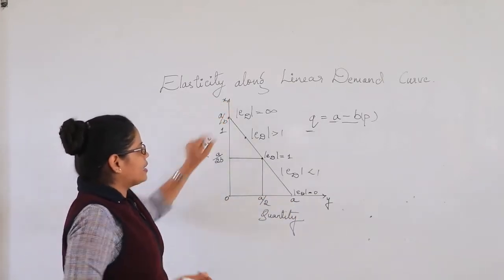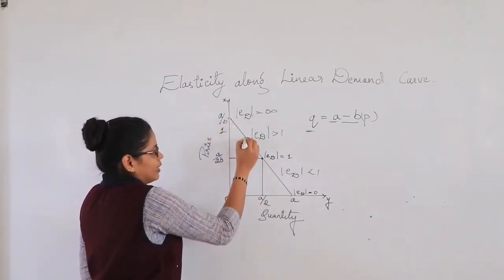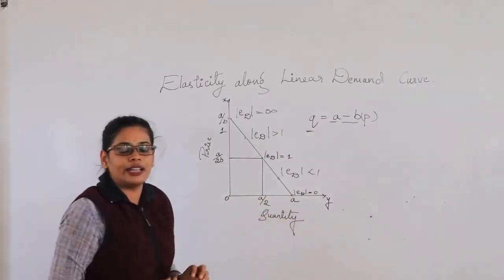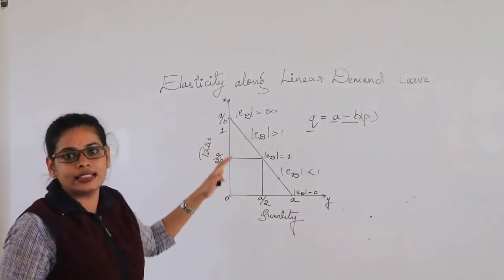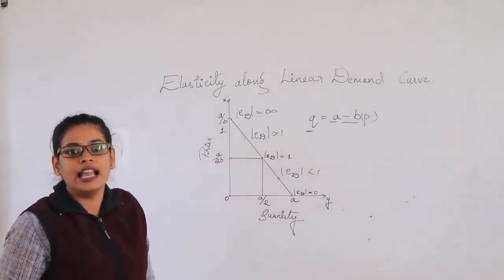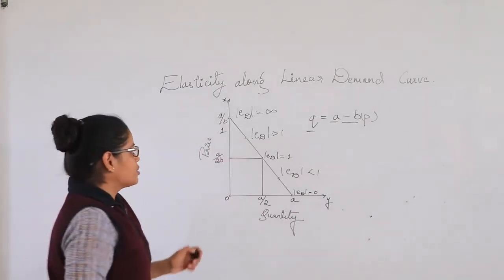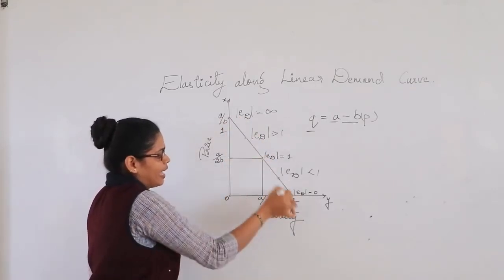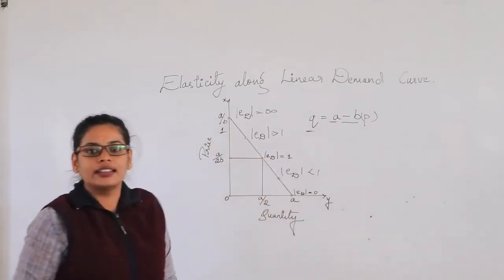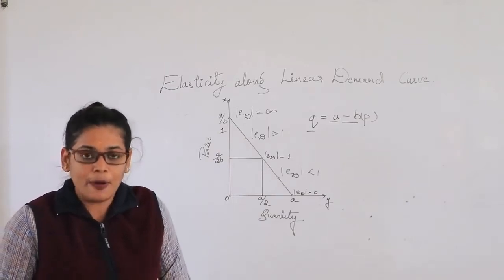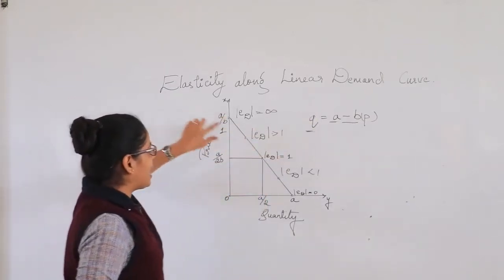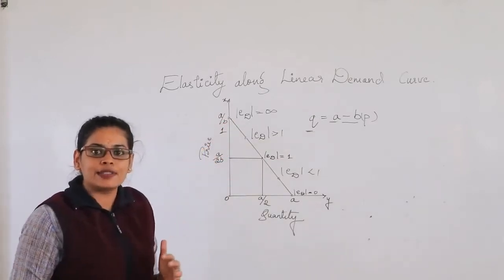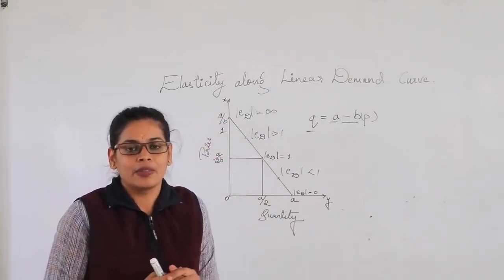These are the different types of elasticity of demand which we can derive with the help of the linear demand curve. The line I have drawn here is the demand curve, and with its help we have studied how many different types of elasticity of demand we have.